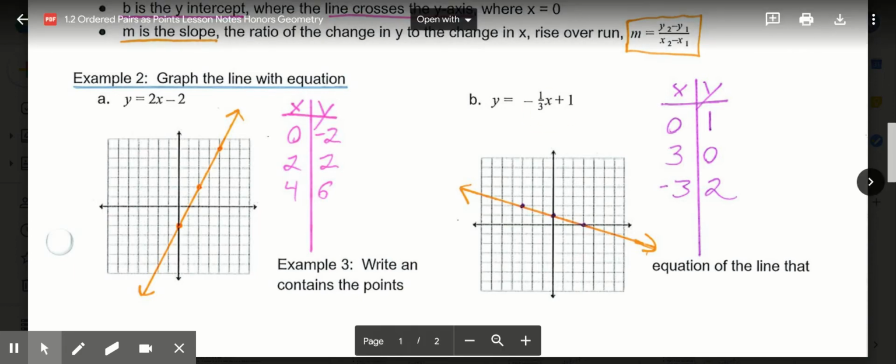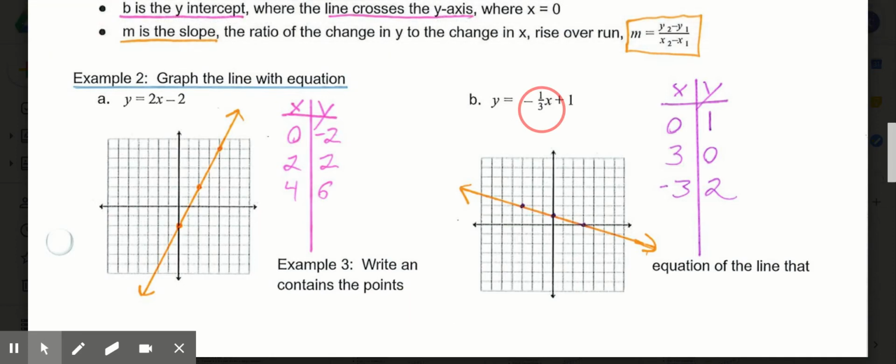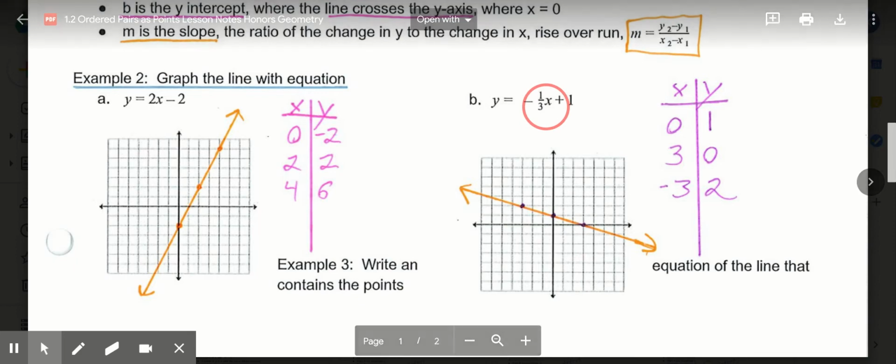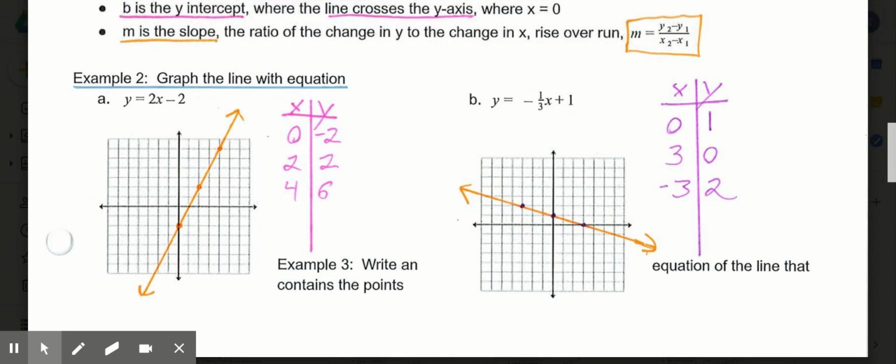And then because there's a fraction here, I want to plug in numbers for x that are divisible by the denominator to avoid getting fractions or decimals. So I'm using a positive 3 and a negative 3 because both can be divided by our denominator of 3. If I plug in my positive 3 for x, negative 1/3 times a positive 3 is a negative 1, plus 1, sorry, negative 1 plus 1 gives me the output of 0.